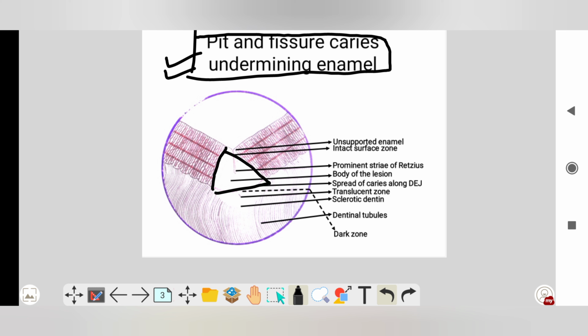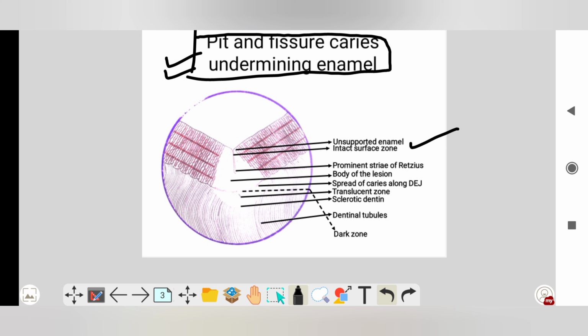Because of that, there is undermining of the enamel, so the enamel breaks very easily. There is a defect in the structure of the crown because of the dental caries. Here you can also see unsupported enamel that fractures very easily.